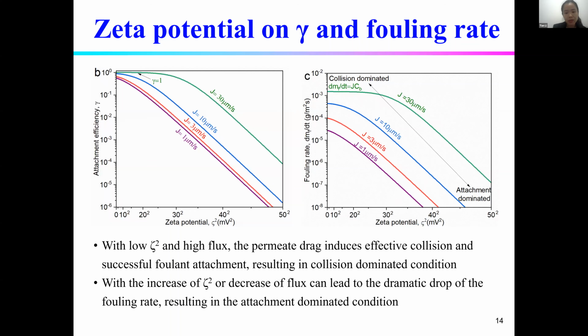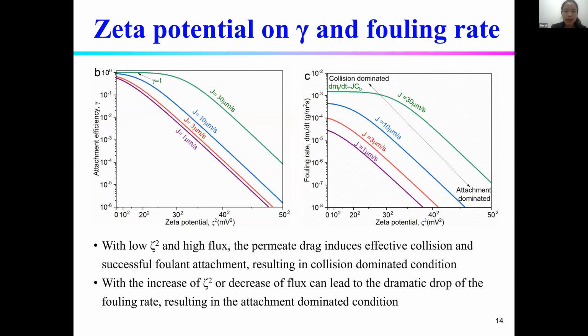Thus, it can be collision dominated. While with the increase of the zeta potential score or lower flux, there is a dramatic drop of the fouling rate. Thus, the attachment can be dominated.